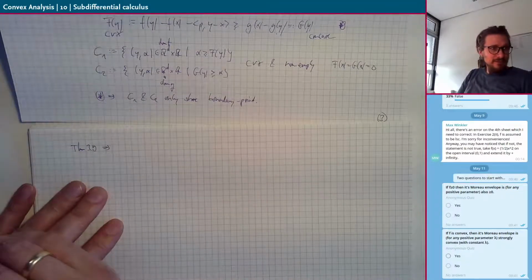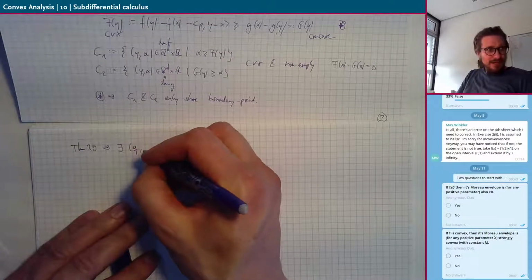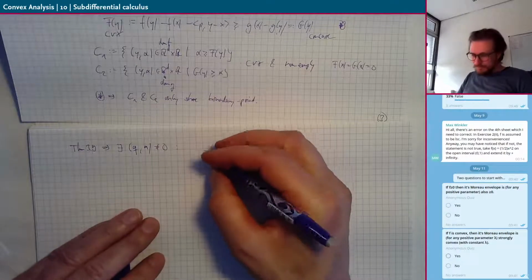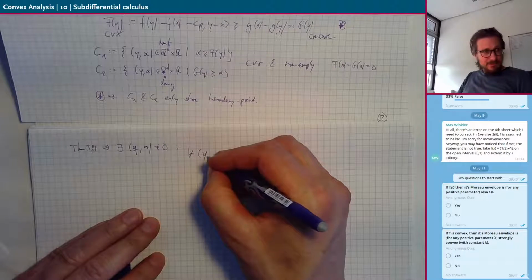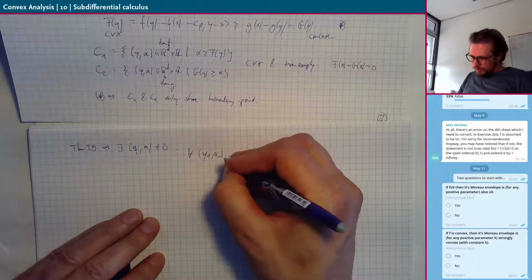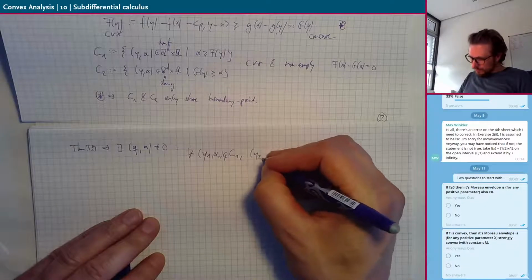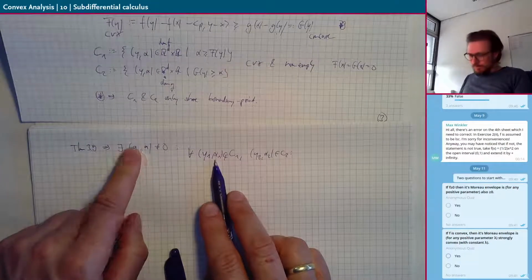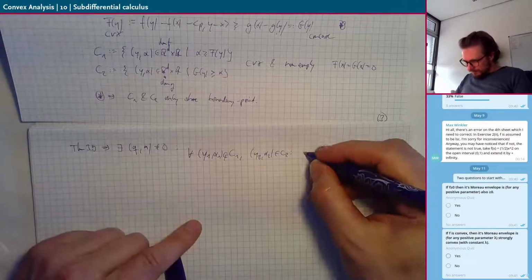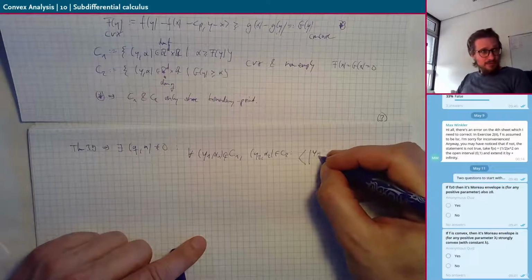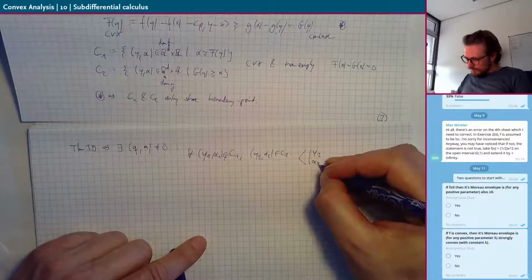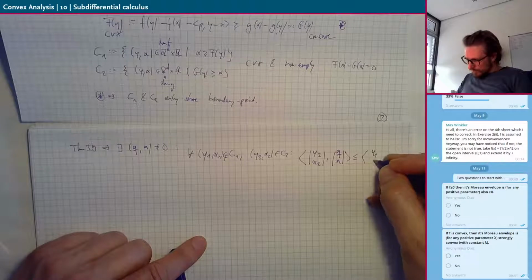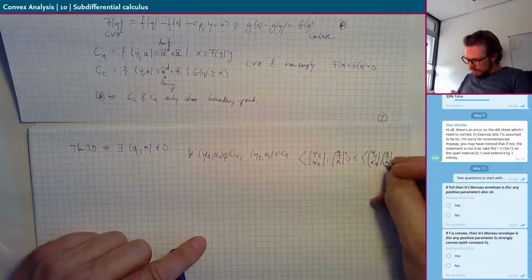There exist q and a, non-zero, such that for all (y1, alpha1) in C1 and (y2, alpha2) in C2, the inner product of the second with (q, a) is smaller or equal to that of the first with (q, a).